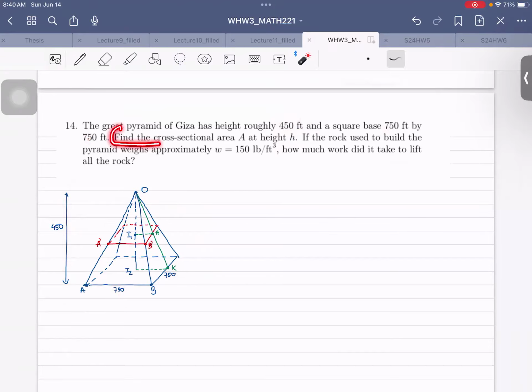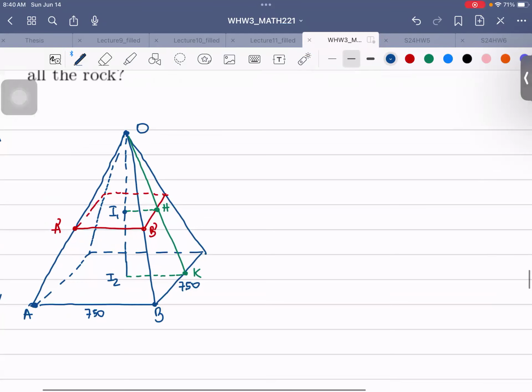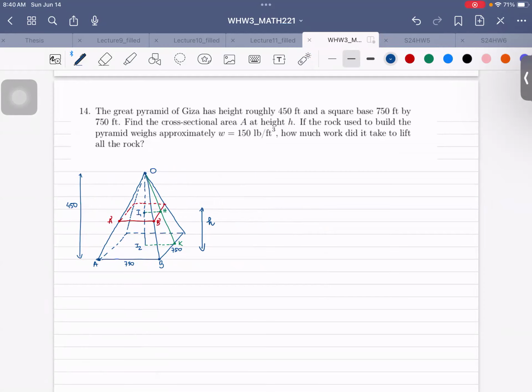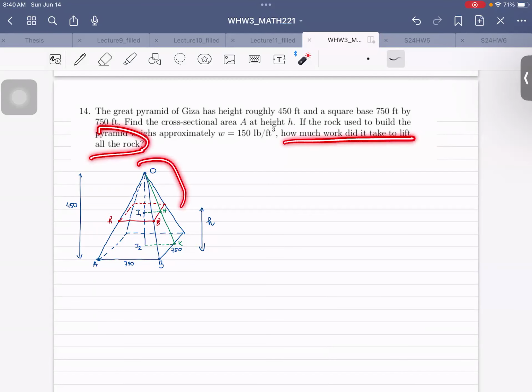The question wants you to find the cross-sectional area A at the height H. And if the rock used to build the pyramid weighs approximately 100 pounds per cubic foot, how much work did it take to lift all of the rock to build the Great Pyramid of Giza?